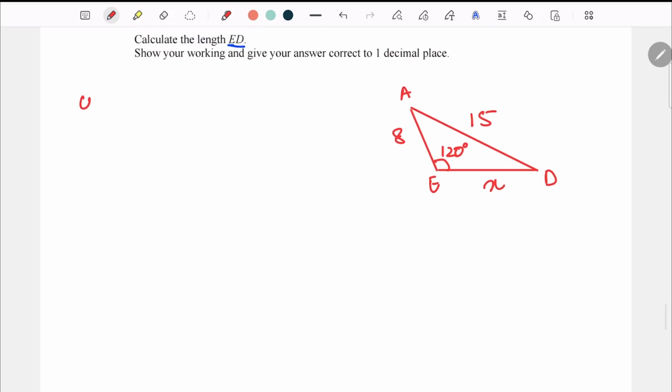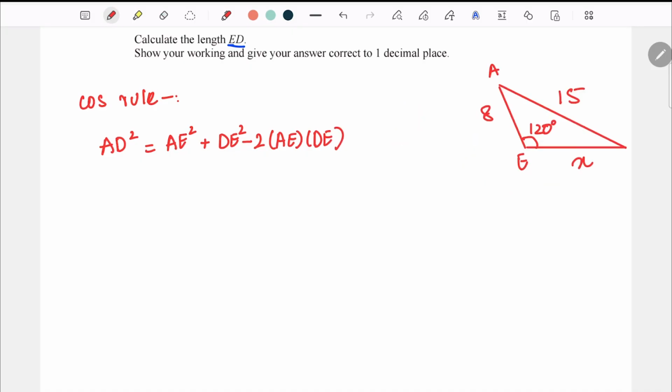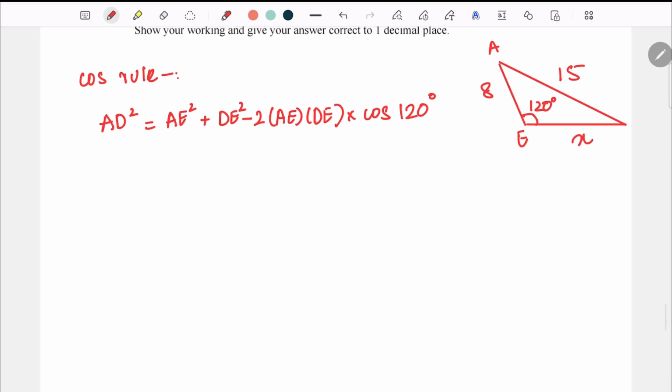So I'm going to use cos rule. Cos rule will basically be AD squared is equal to AE squared plus DE squared minus 2 into AE and DE into cos of the angle between the two lines, that is 120 degrees. So AD is given to us in the question, that is 15 squared.